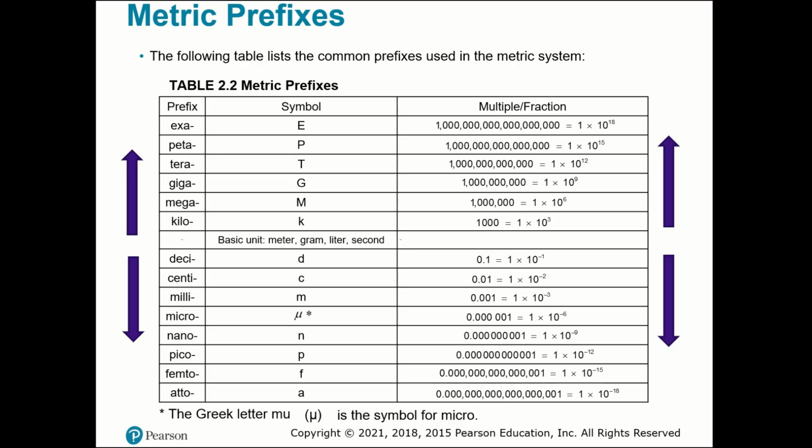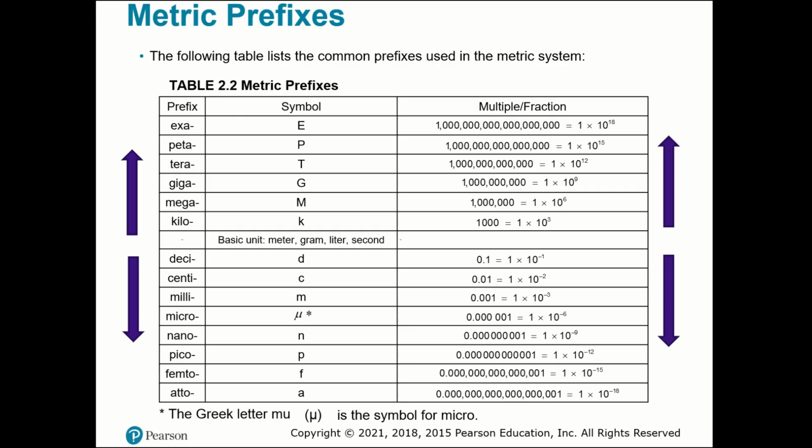Here we have the metric prefixes, which help us to enlarge or reduce numbers. Remember when I said we're going to use scientific notation for very large or very small numbers, because we have a better format and it's easy to talk.